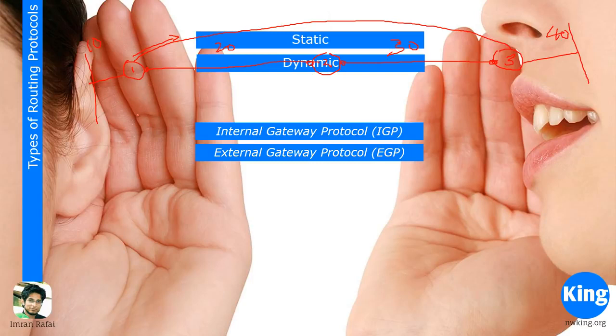If you're talking about communication between these routers, we use IGP. If you're talking about routers that are part of the internet, like your ISP, when they configure routing protocols to communicate on the internet, they use the EGP. So that's the difference between IGP and EGP.